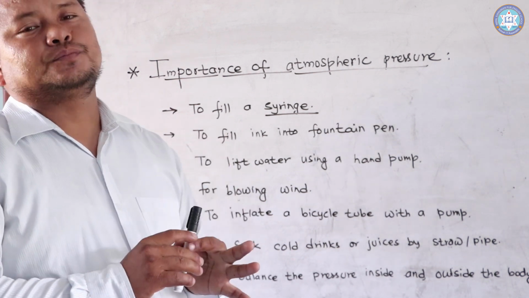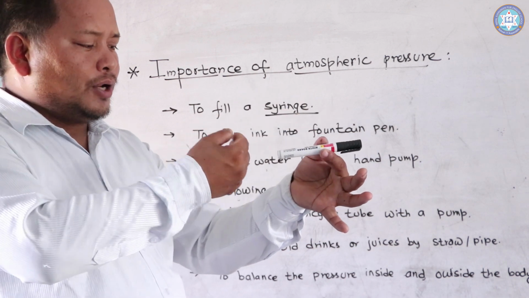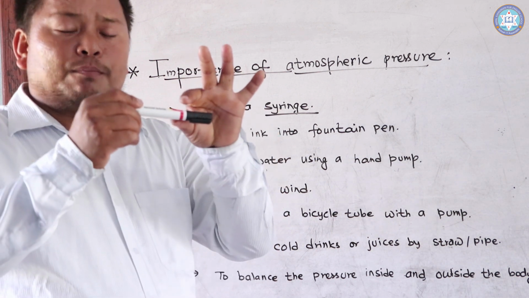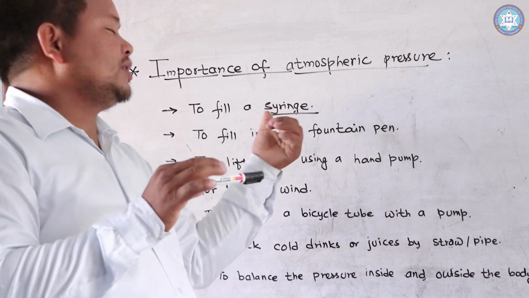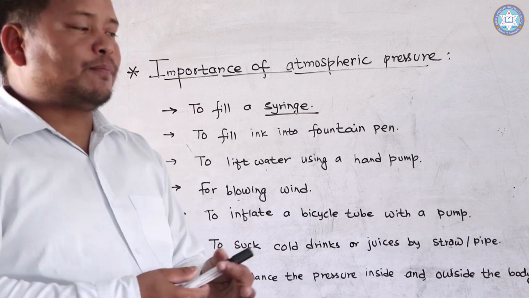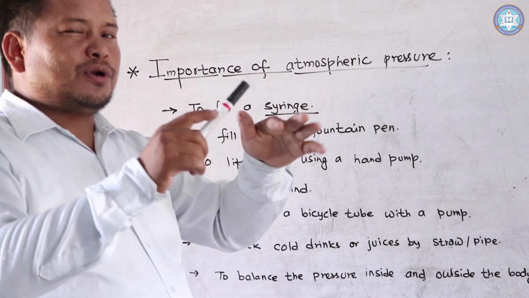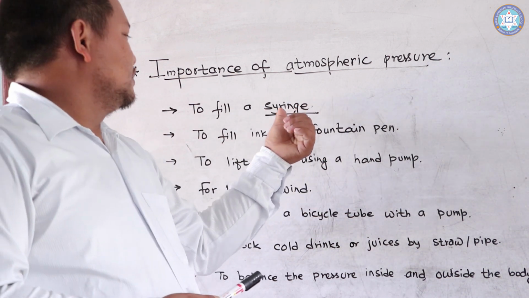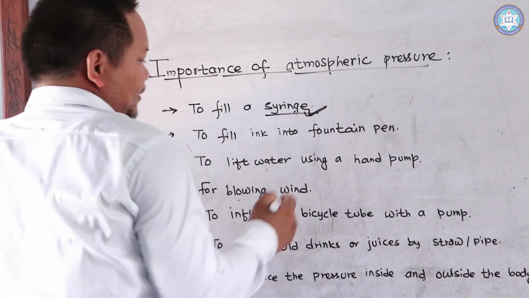Here also, when we move the piston, what happens? The volume of the storage cylinder becomes high and the pressure is low, so the liquid which is going to fill moves toward the syringe. In this way the syringe is filled.